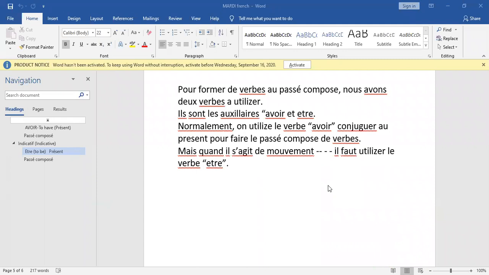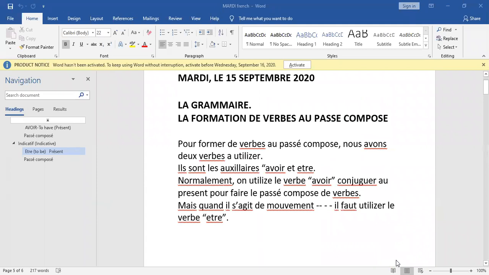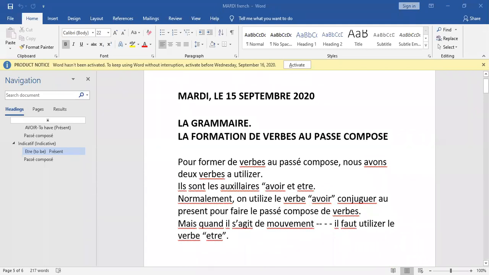For you to take a verb into the past, you will go with a helping verb. And our helping verb can be avoir or être, conjugated into what? Present tense. Then you add the past participle of that verb.